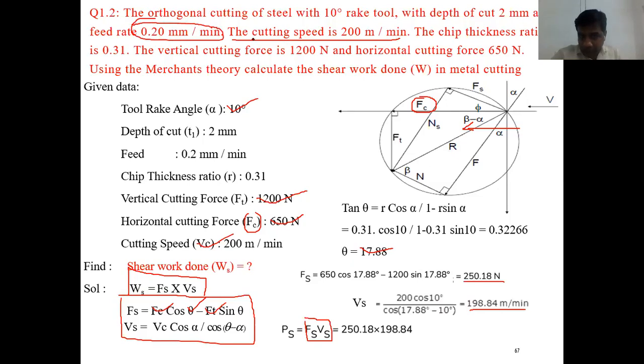Clearly cutting speed is mentioned, so please take that. This is given to confuse you. If you take feed as the cutting speed, your answer is wrong. So take the given value as the cutting speed.